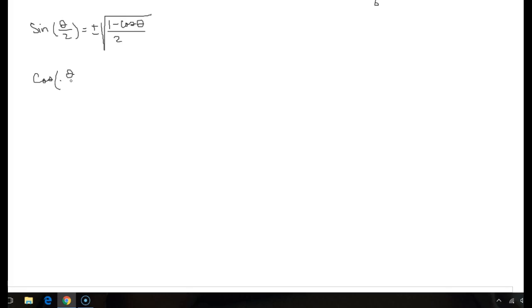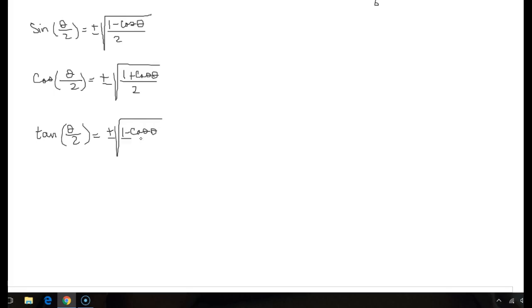Cosine of theta over 2 is very similar. It's positive, negative, square root. There's 2 in the denominator, but then in the numerator we have 1 plus cosine of theta. And then tangent of theta over 2, which is either positive, negative, square root of 1 minus cosine theta over 1 plus cosine theta, which is the direct result of the identity tangent is sine over cosine for any angle.